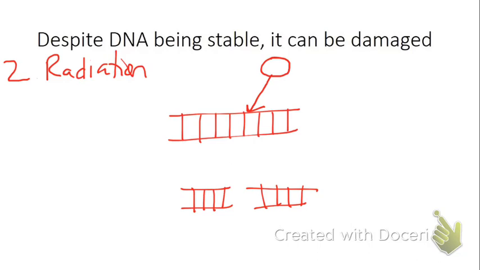Double-stranded breaks in DNA are very bad for organisms. They cannot fix them right away, or when they do fix them, they are very error-prone. And so too much radiation destroys too much of your DNA, and that's why radiation is very poisonous.